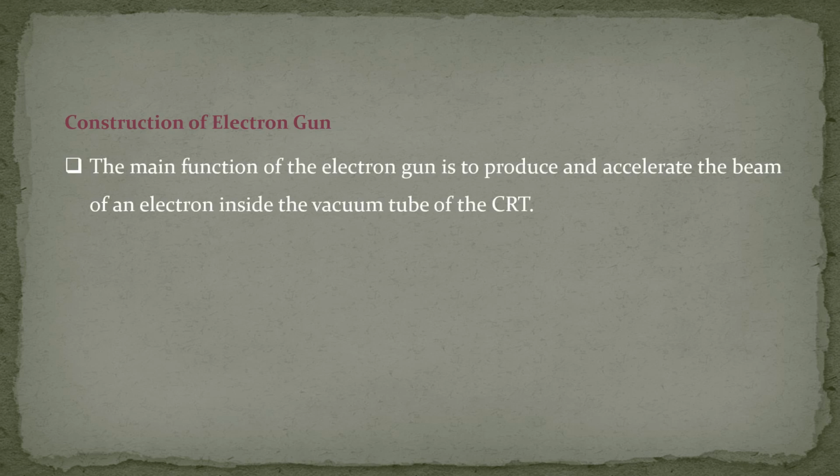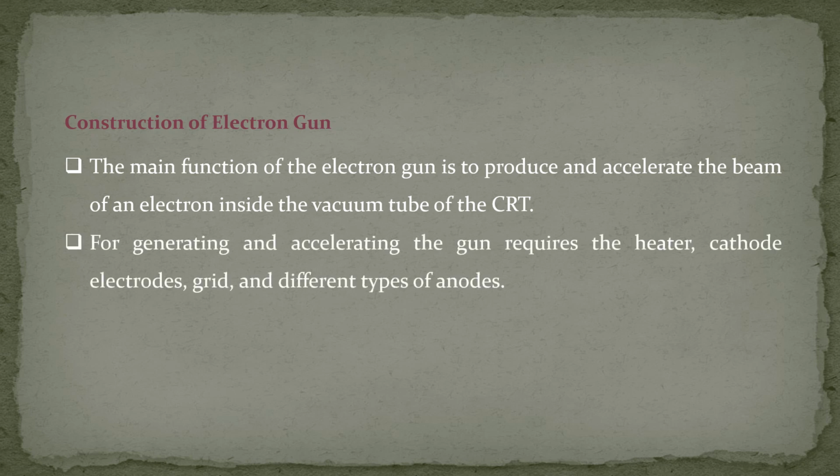Construction of electron gun. The main function of the electron gun is to produce and accelerate the beam of electrons inside the vacuum tube of the cathode ray tube. For generating and accelerating the beam, the gun requires the heater, cathode electrodes, grid and different types of anodes. The detailed explanation of these parts is shown below.